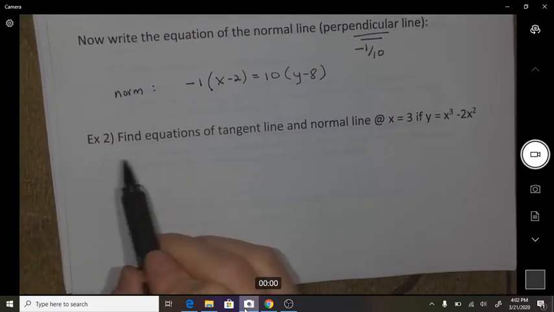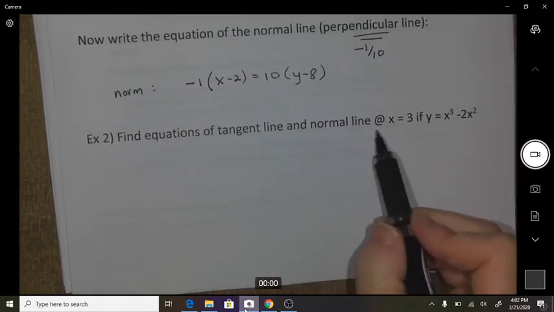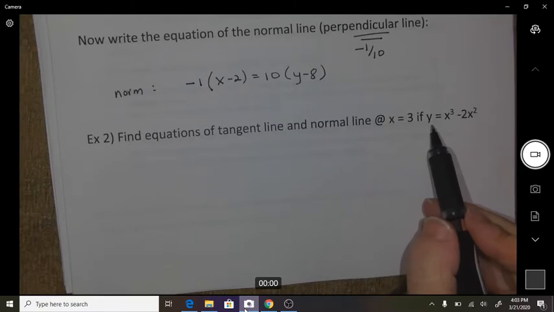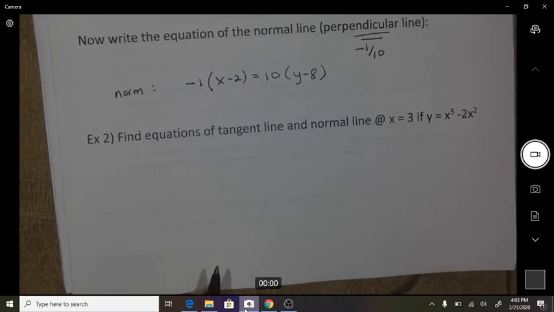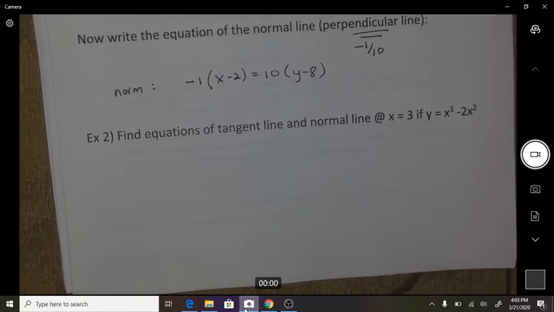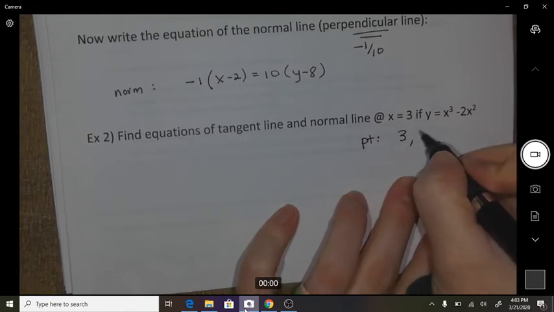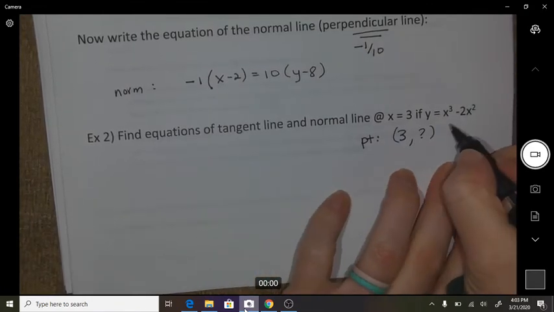Okay, number 2. Find the equations of the tangent and normal line at x equals 3 if y equals this. Okay, so now we're missing also the point as well as the slope. So it doesn't matter what you find first, so let's find the point first. So 3 comma what? So insert a 3.